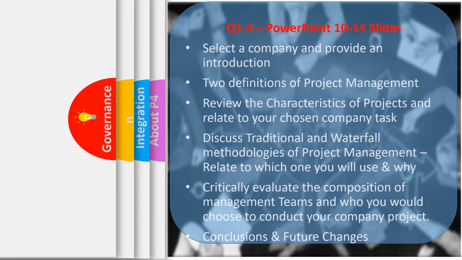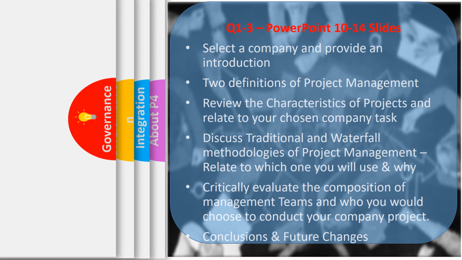After that, you need to discuss briefly what we mean by methodologies. So what are some of the characteristics of methodologies, and what's the purpose of methodologies? Then you need to discuss both traditional and agile methodology approaches, and then relate which one you're going to use. Are you going to use a traditional approach or an agile approach? Which one are you going to use in relation to your case assignment?